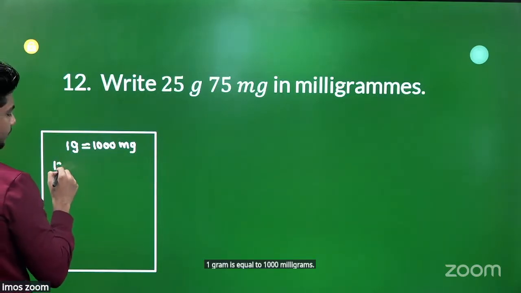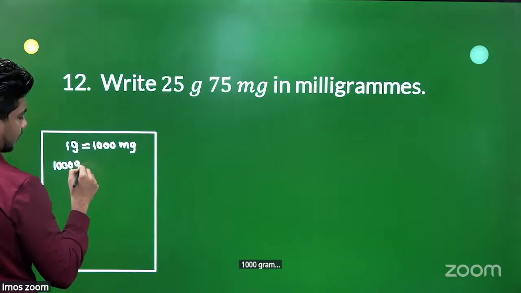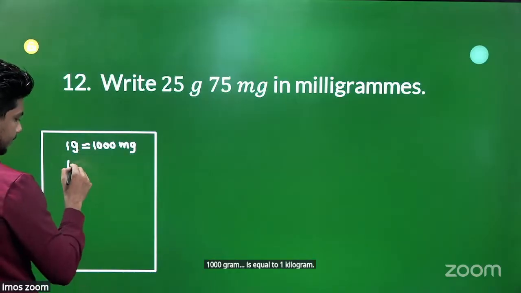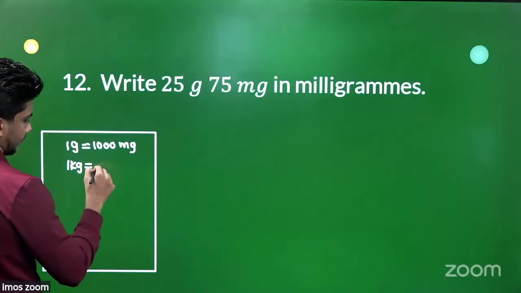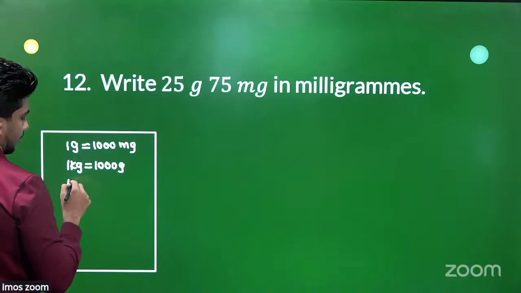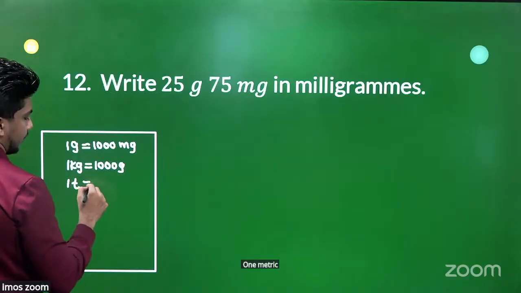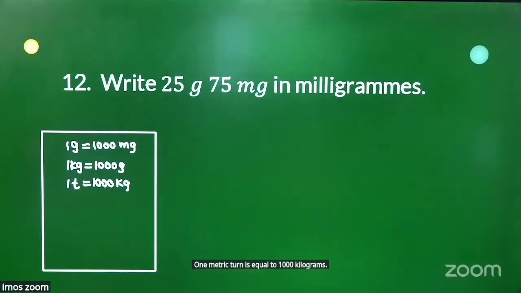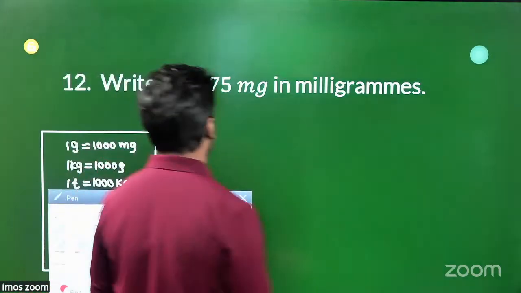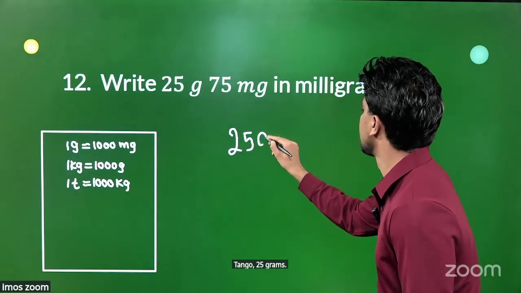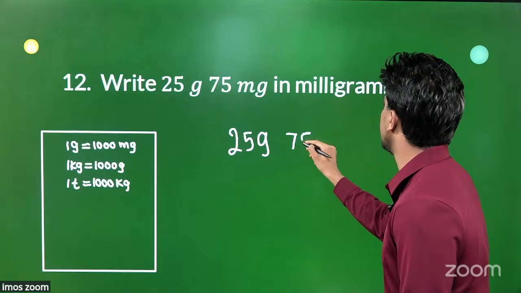1000 grams is equal to 1 kilogram. Sorry, 1 metric ton is equal to 1000 kilograms. And 25 grams and 75 milligrams.